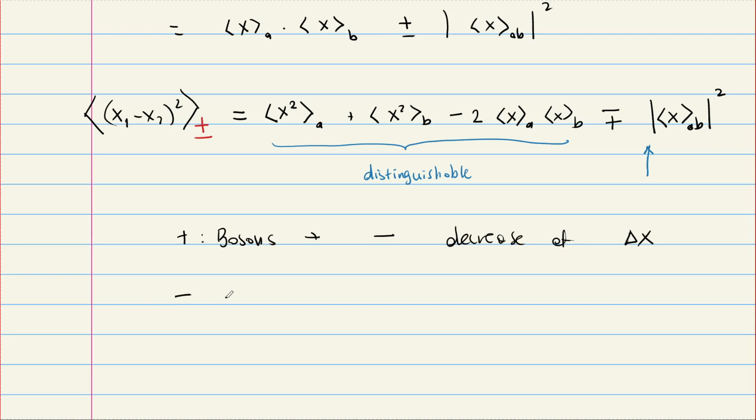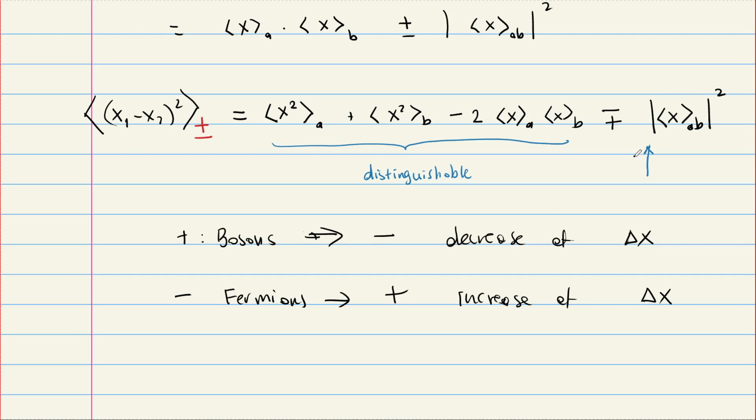Whereas for fermions, we have plus here, the distance between particles increased. So an increase of delta x. Good. And because of this symmetry requirement, it looks as if these two particles repel each other if they are fermions, or they attract each other if they are bosons, right?